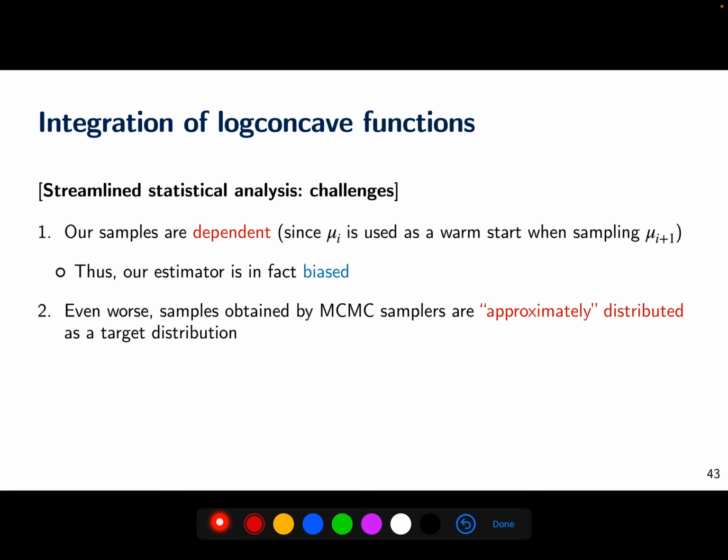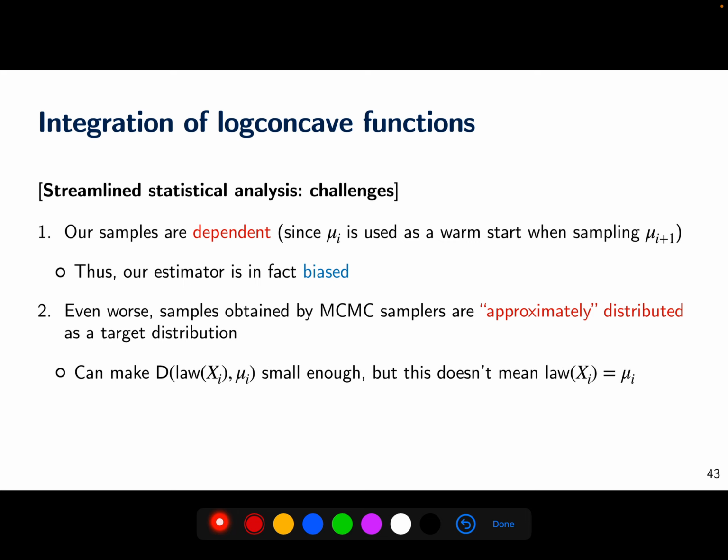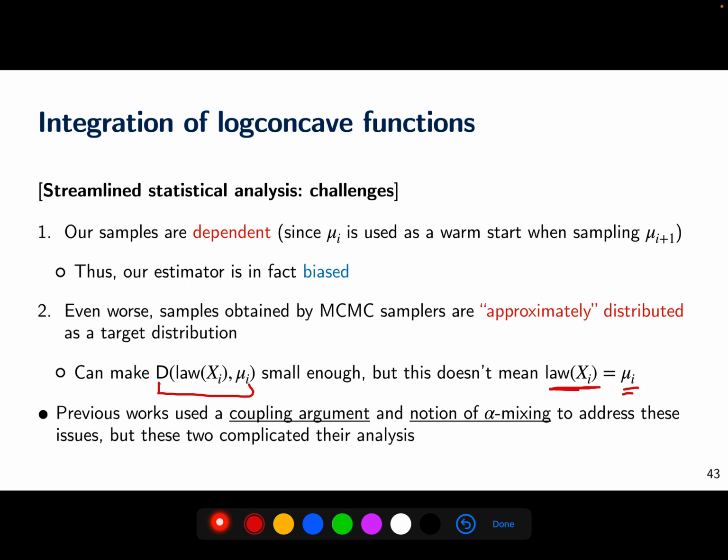And even worse, our samples obtained by MCMC samplers are in general only approximately distributed. You can ensure, by running as many iterations as we want, that this distance is as small as possible, but this doesn't really mean that the final law is exactly equal to your target. So you have two issues: the dependence issue and the approximate nature of your samples.